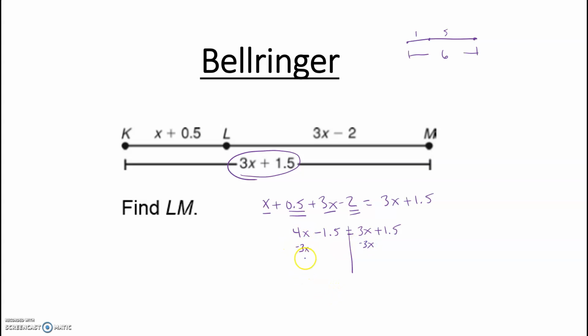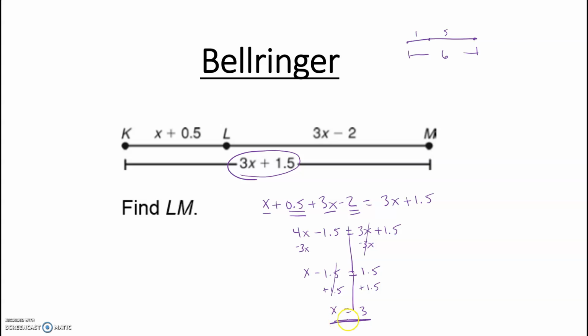It's okay. 4x minus 3x is 1x. Still minus 1.5. Those will cancel, that's why you did it, and we're left with 1.5 over here. And then we're going to add 1.5 to both sides to get x alone. So we're going to wind up with those cancel. We get x equals 1.5 plus 1.5 is 3.